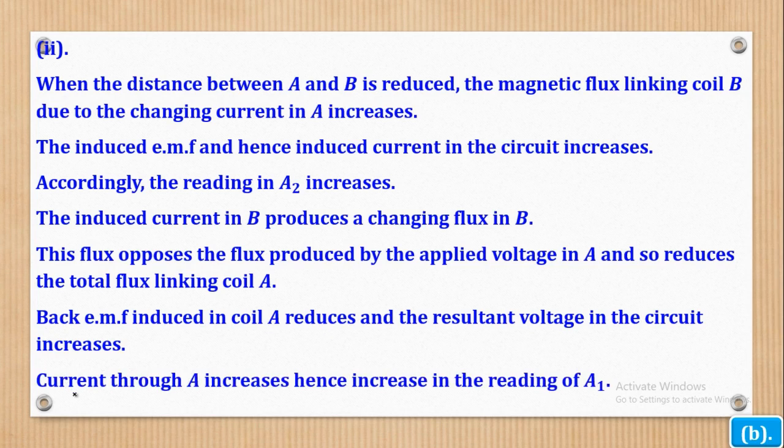That implies that the current through A increases, hence increase in the reading of A1. So that is how marks would be awarded.